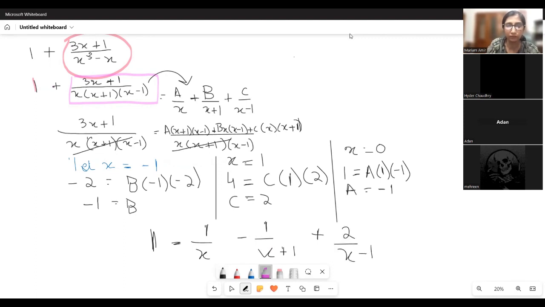This is the final answer in partial fractions. Let me check the answer. Yes, it is correct. Okay.